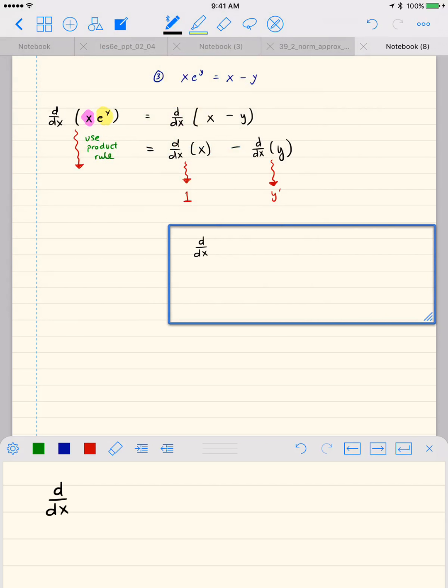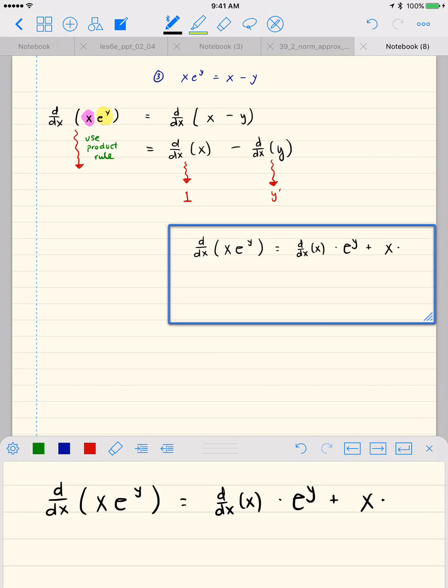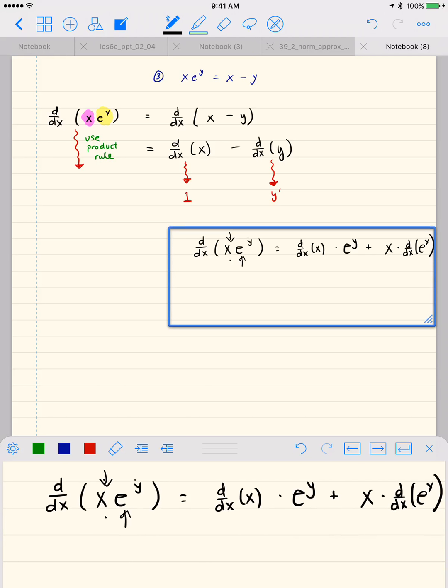The derivative with respect to x of x e to the y is going to equal the derivative of x and then leave e to the y alone, plus leave x alone times the derivative of e to the y, okay? So it's the derivative of the first times the second plus the derivative of the second times the first. That's our product rule. What is the derivative of x? That's just going to be 1. So we have 1 times e to the y plus x.